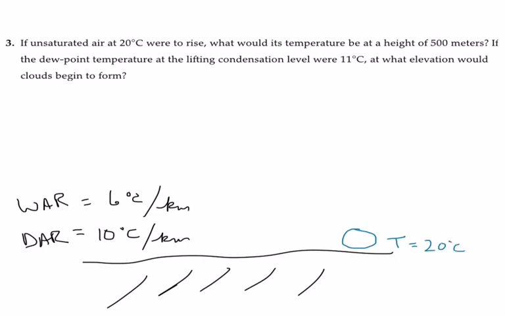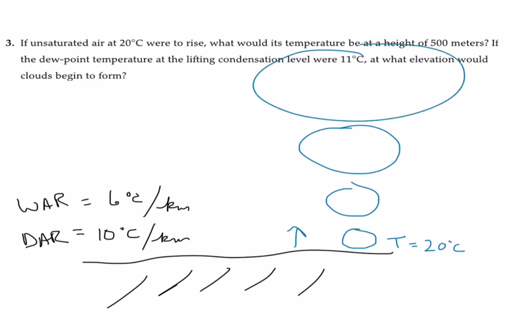As it rises, each time I draw a circle, assume that it's going another kilometer, or 1,000 meters. It's going to get bigger and bigger, and it's going to cool down because it's getting bigger. There are 2 different cooling rates: the dry, without clouds, 10 degrees Celsius per kilometer, and with clouds, 6 degrees Celsius per kilometer. So it starts at 20.